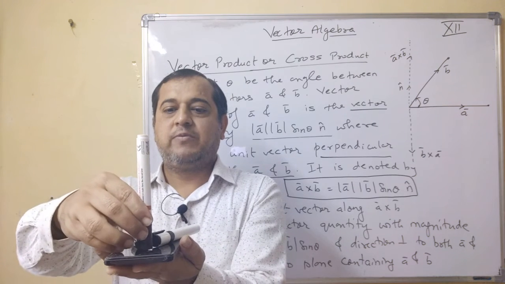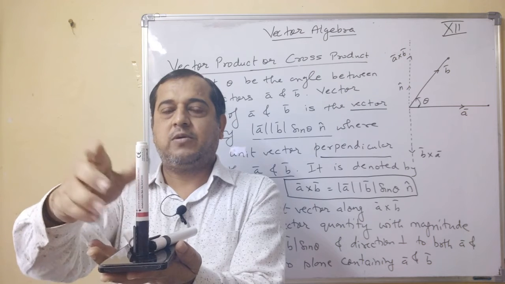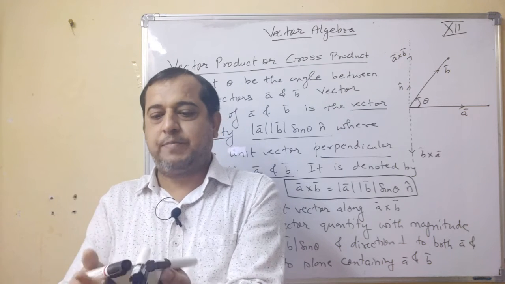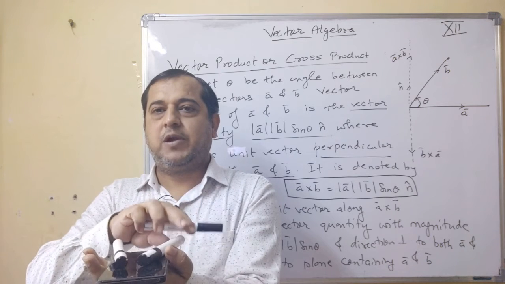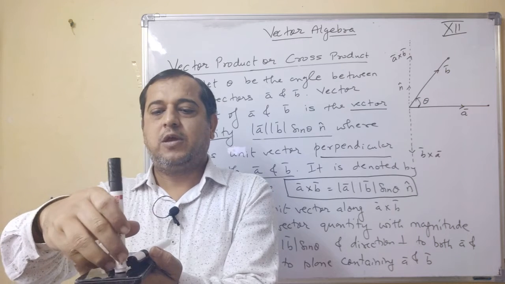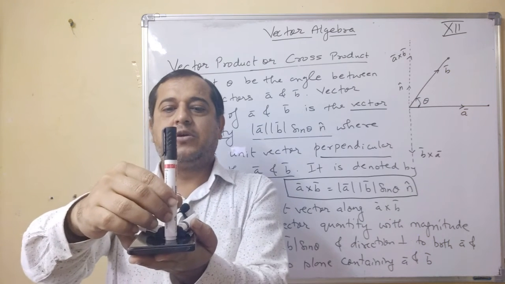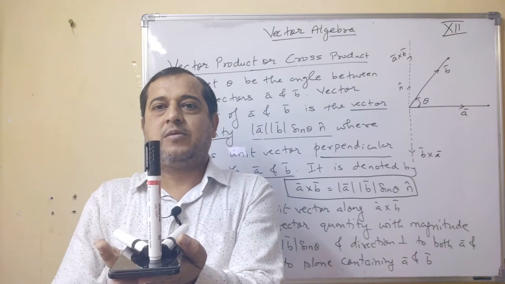So this will be vector A cross B. It is perpendicular to both the markers, and in fact, it is perpendicular to the plane in which these two markers are placed.